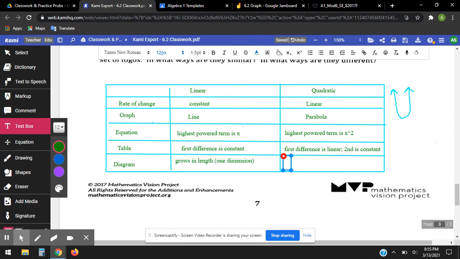Whereas in a quadratic, it grows in length and width, so two dimensions, which makes a difference, which makes it why it's doubling. We have to do the square because it's a multiply in there.